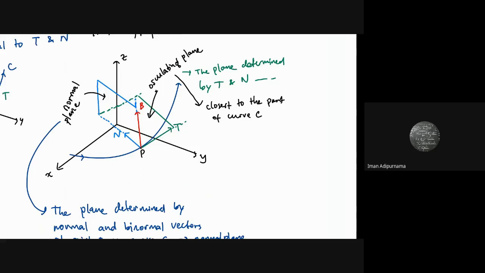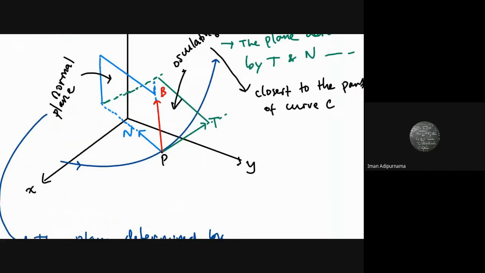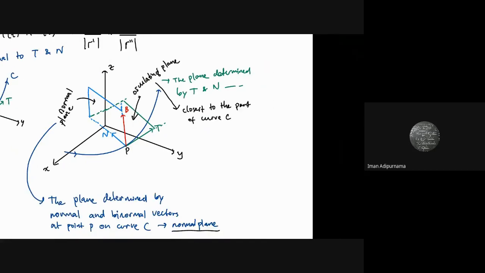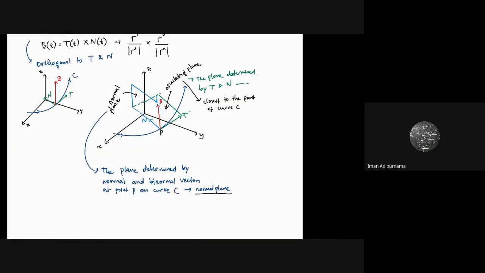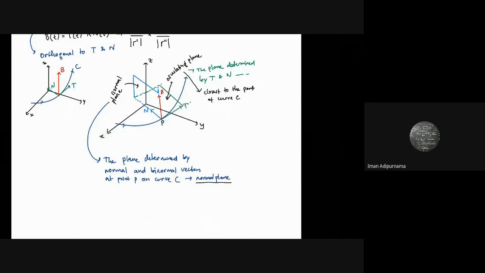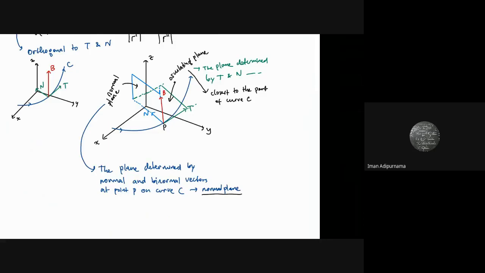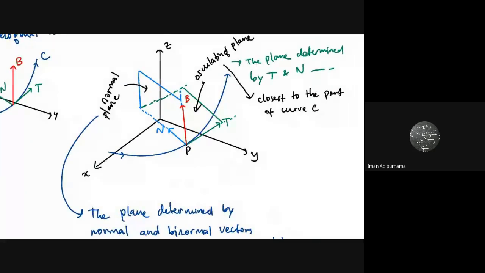If you see here, it's containing the curve itself, rather than the normal plane. So that's the normal plane and the osculating plane. Whenever you need to find a normal plane or osculating plane, this is the way you are going to do it.